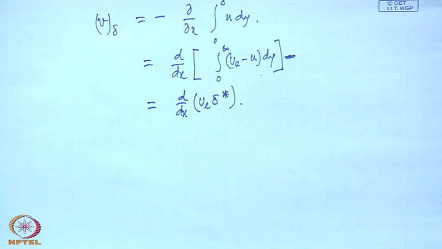Now see, this can be thought of in another way. V E is the normal component of velocity at the edge of the boundary layer, or where the inviscid flow solution starts. So, this happens to be the boundary condition for the inviscid flow.